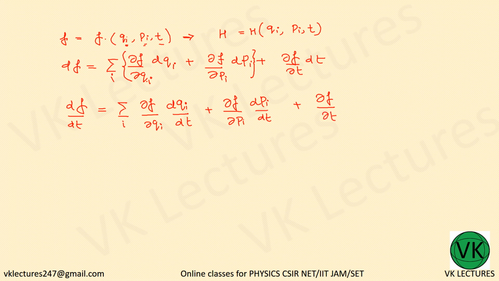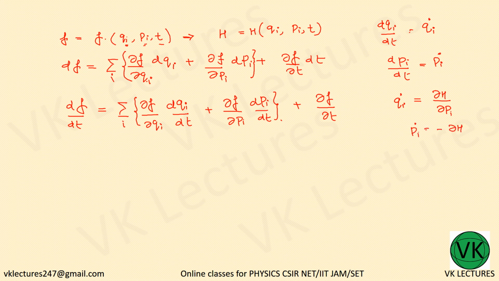Now here again, dqi/dt is qi dot, and dpi/dt is pi dot, right? And according to Hamilton's equations of motion, we know that qi dot is equal to ∂H/∂pi, and pi dot is equal to minus ∂H/∂qi.